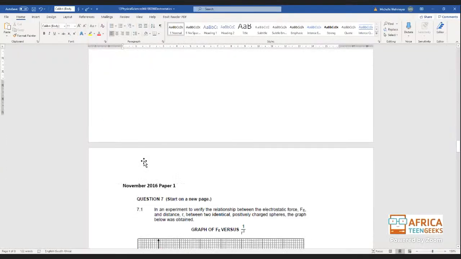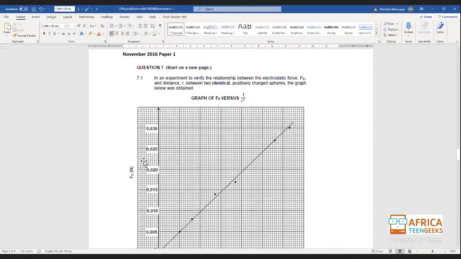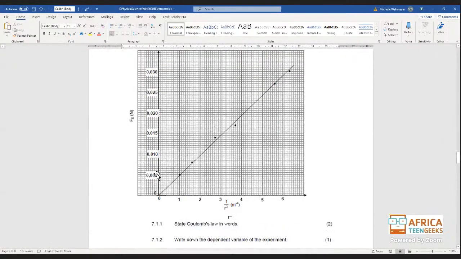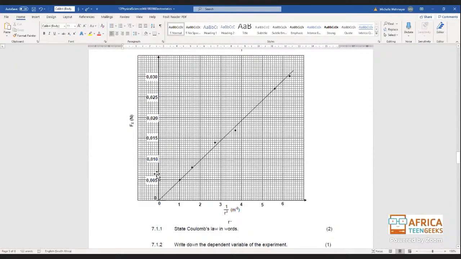Okay, the 2016 paper, also question 7. They tell you 7.1, in an experiment to verify the relationship between electrostatic force and distance between two identical positively charged spheres, the graph below was obtained. And then they show you the graph, and then they ask you to state Coulomb's law.